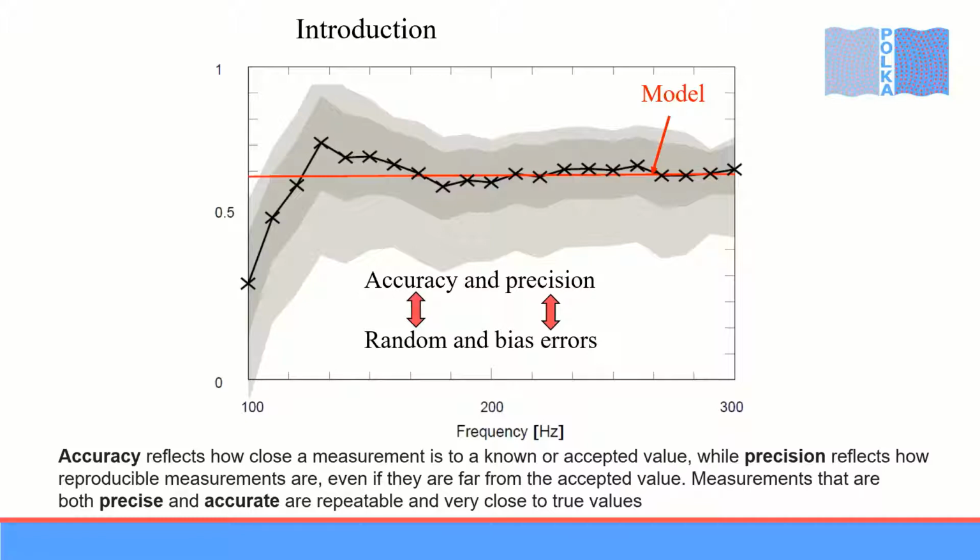And that has some relation to random and bias errors, which we traditionally talk about, where precision would be more related to randomness, how close we are to getting the same result again, and accuracy, how close we are to a known value, is more related to bias errors.